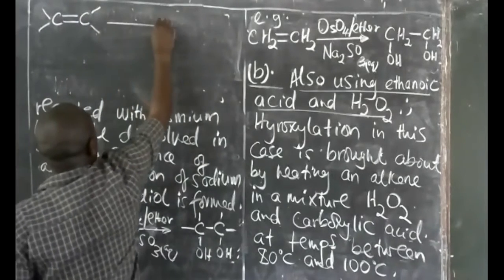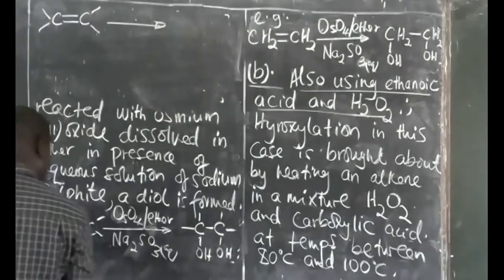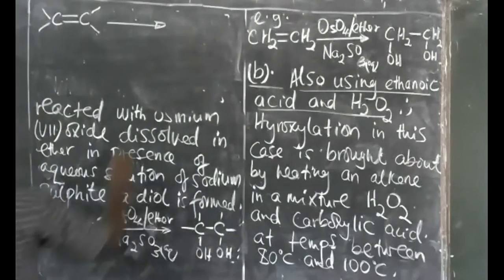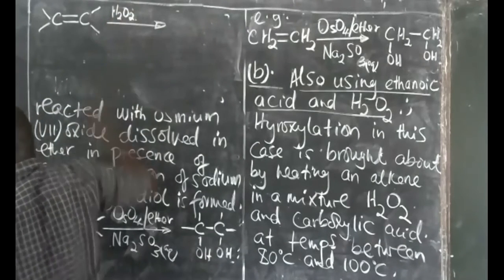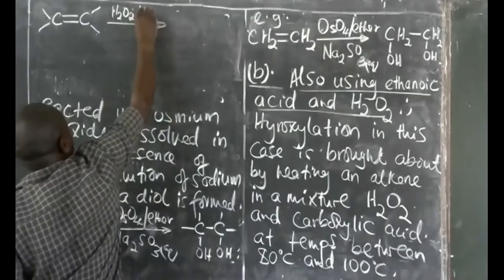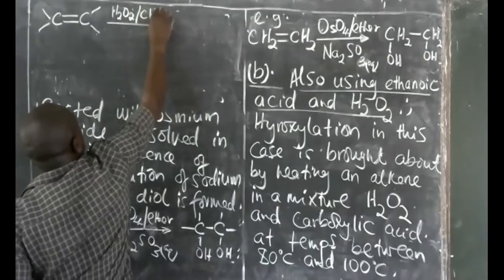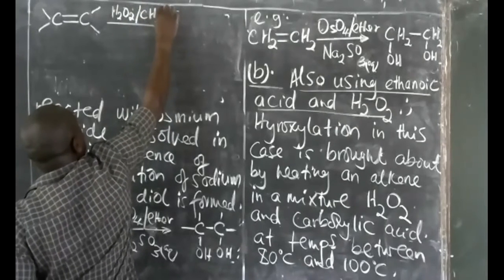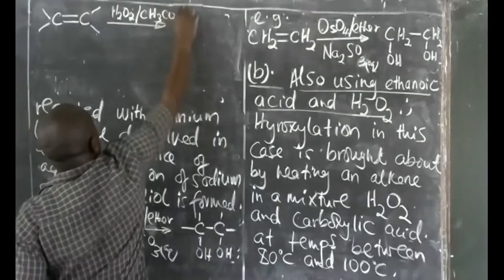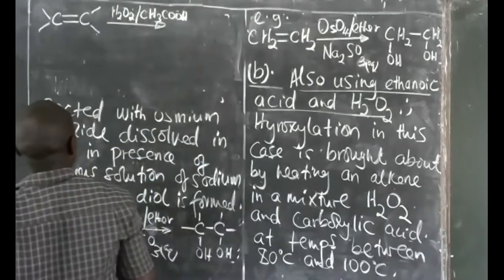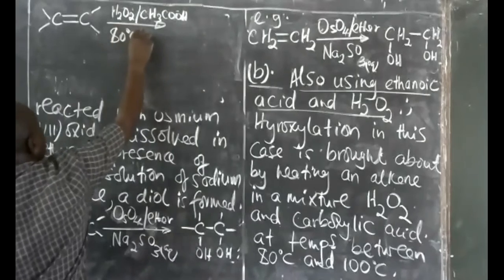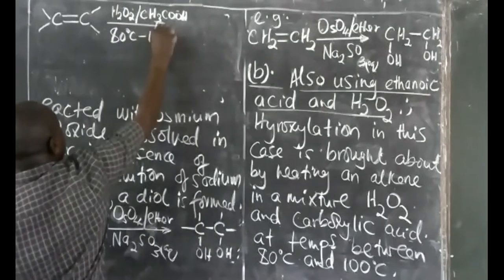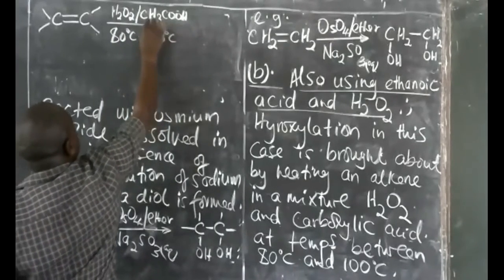We are reacting it with hydrogen peroxide in the presence of, for example, ethanoic acid, temperature 80 degrees centigrade to 100 degrees centigrade.